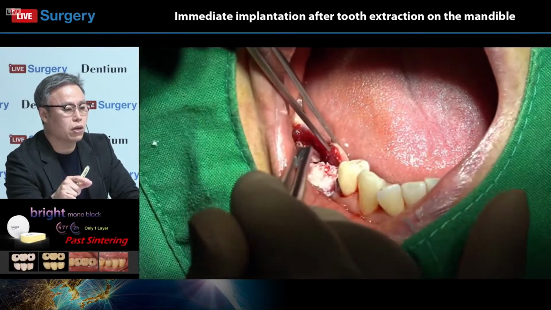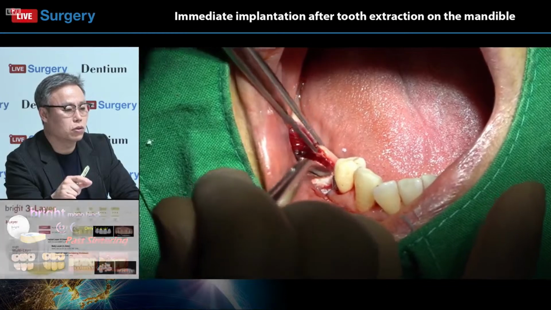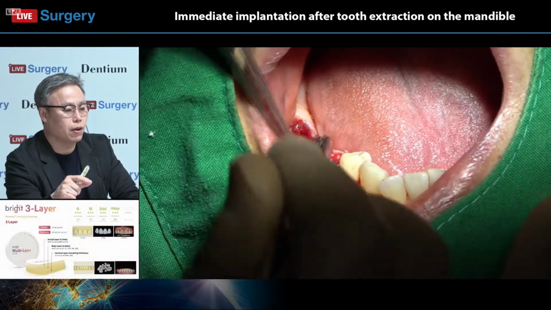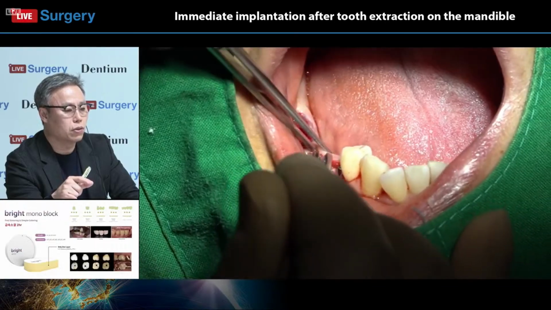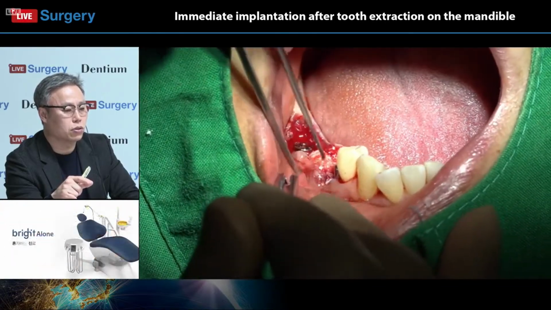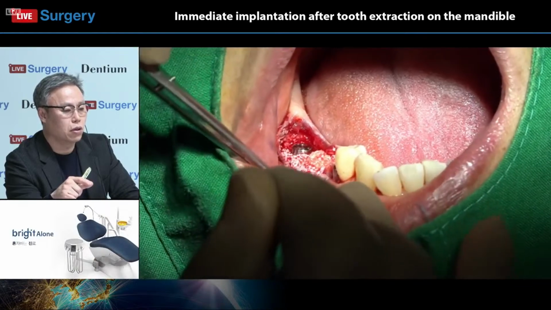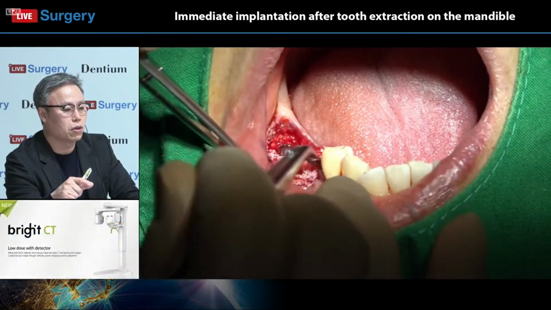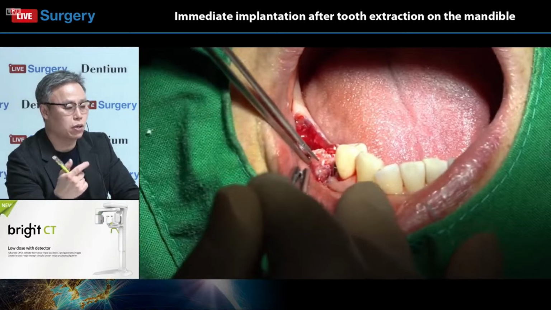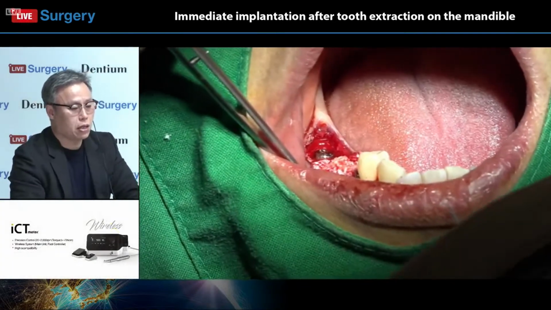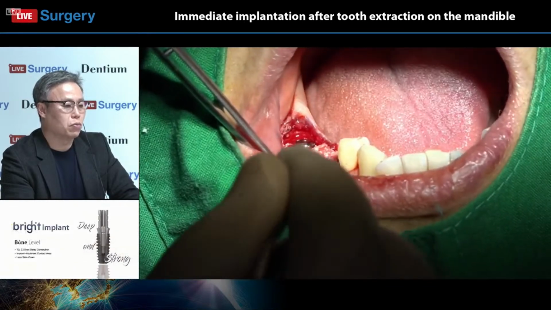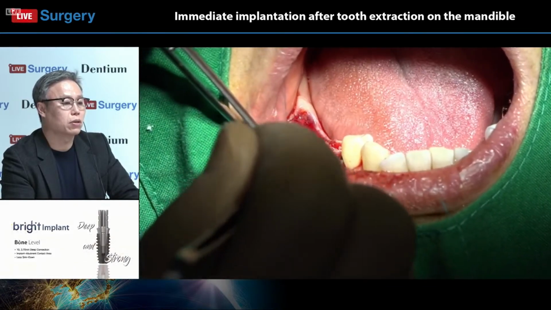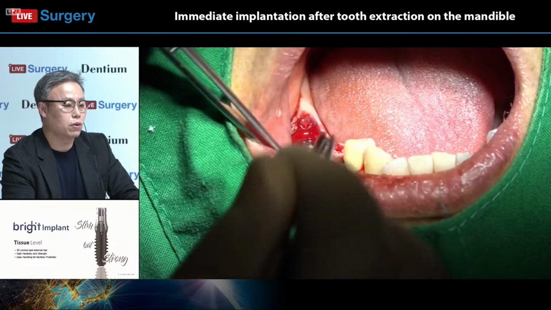Because he manipulates the lingual side also, with lingual flap advancement, it could get primary closure successfully without any tension. You remember he made the direct flap advancement with the number 15C blade and the number 12 blade without any vertical incision and applying another collagenated bone graft.